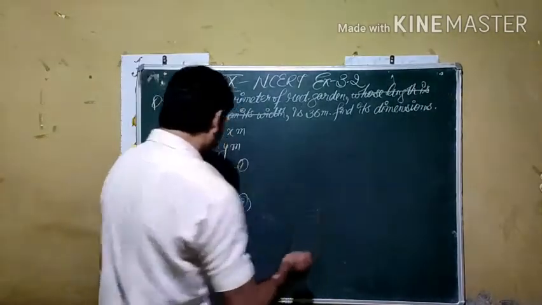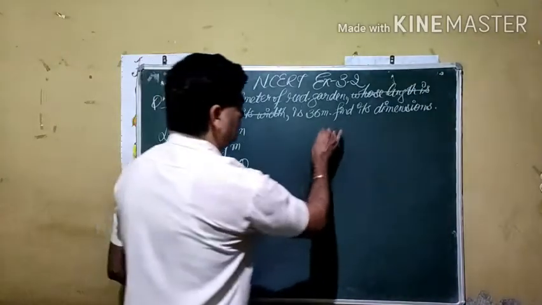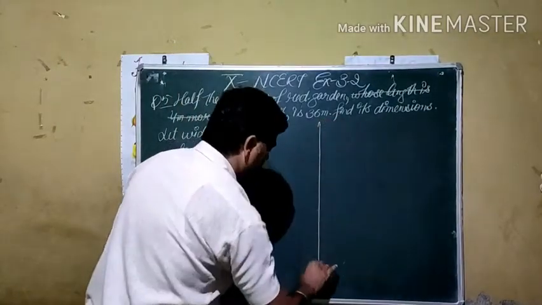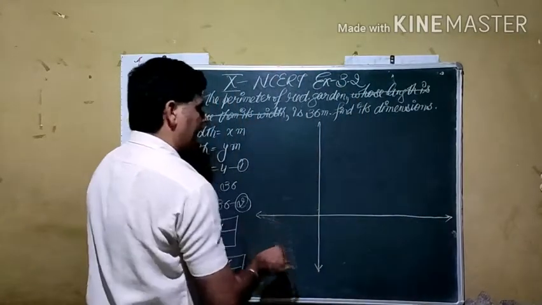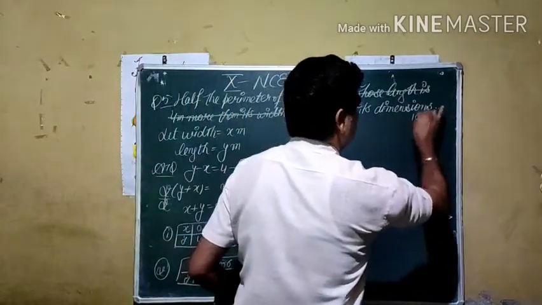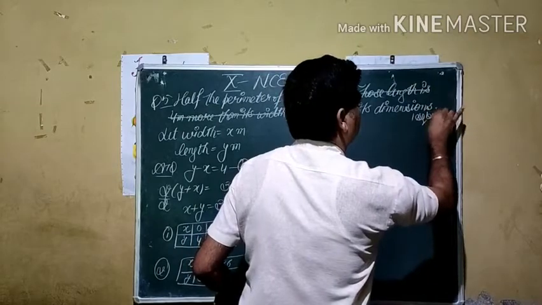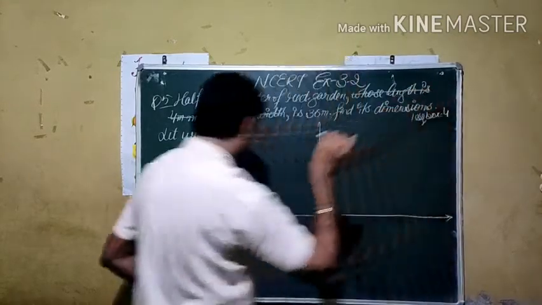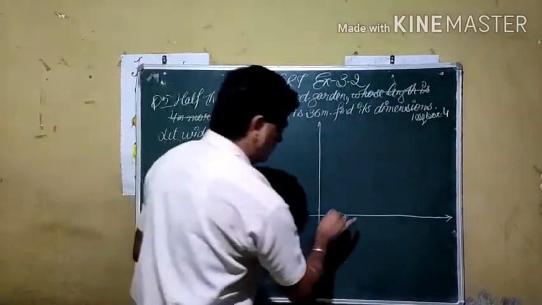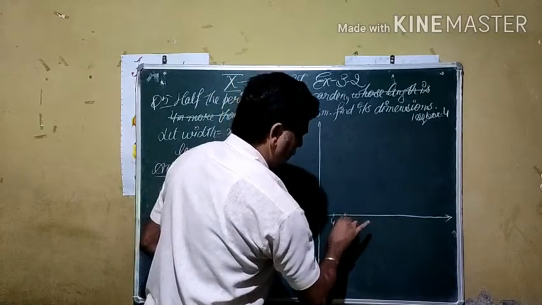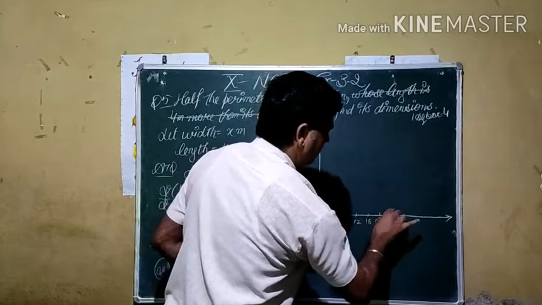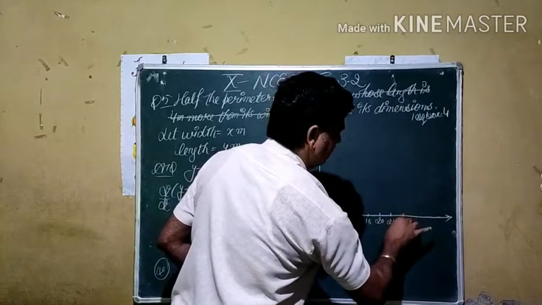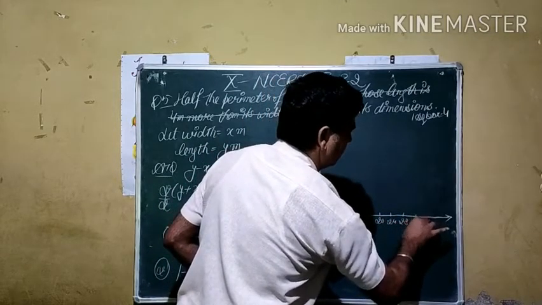We need negative x values also, so we take the scale according to requirement. We take 1 square box equal to 4 units. We require 9 boxes: 1, 2, 3, 4, 5, 6, 7, 8, 9.